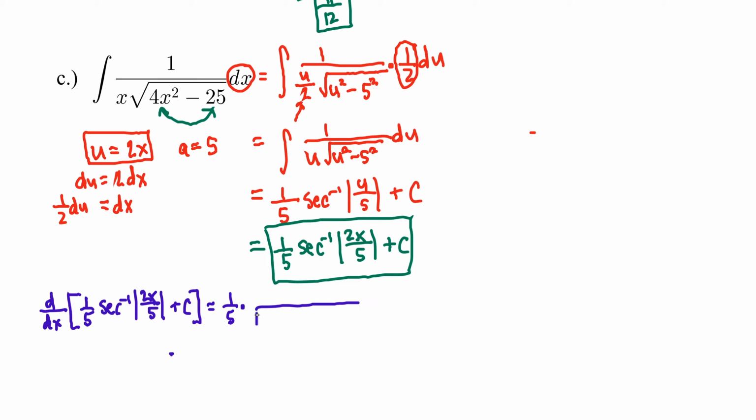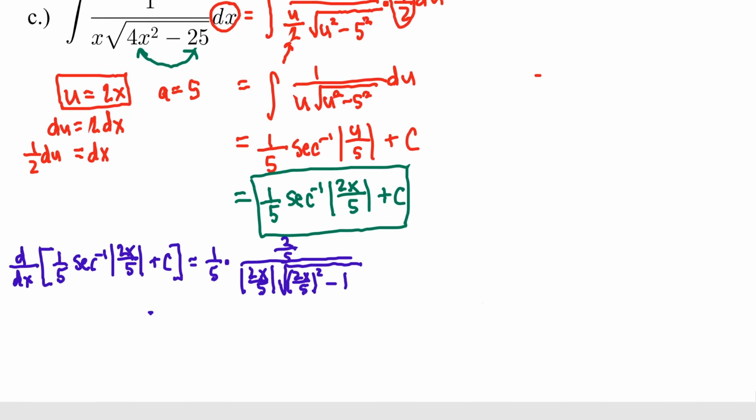We're going to have the absolute value of the argument of secant here, that's the absolute value of 2x over 5, times the square root of our argument, 2x over 5 squared, minus 1, and in the numerator, we're going to have the derivative of our argument. Again, I'm just following the formula for the derivative of inverse secant.